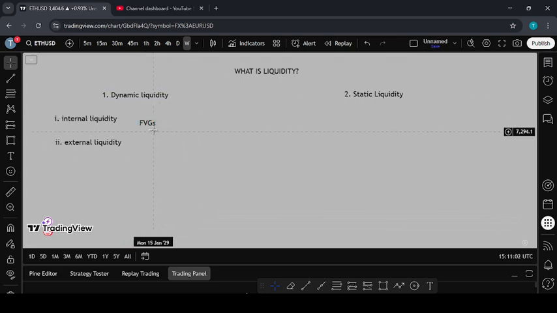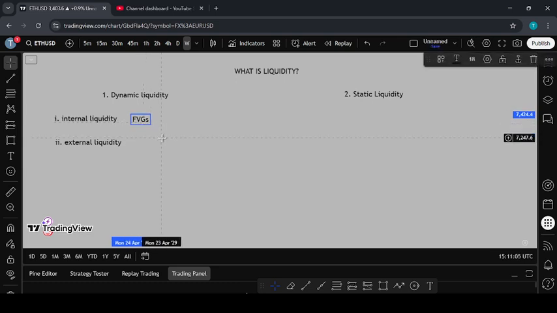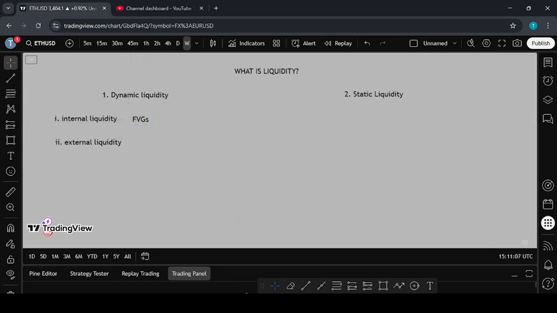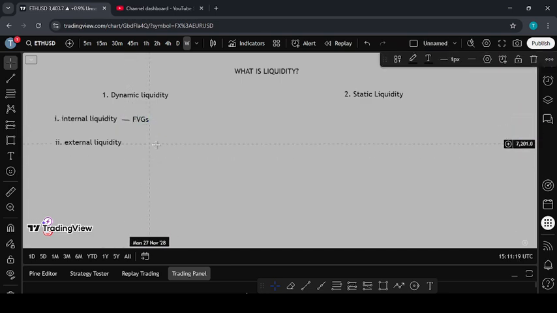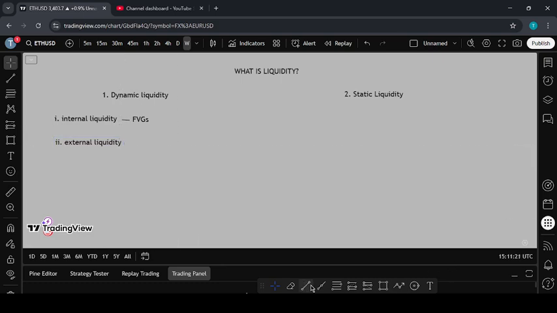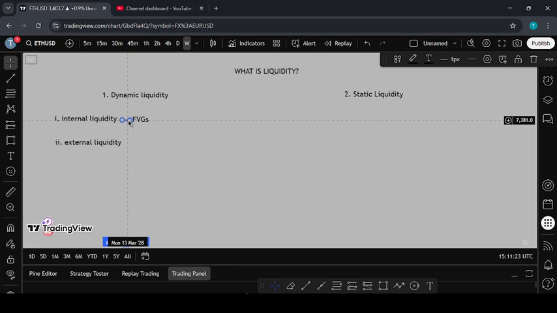We'll be doing another video talking about this extensively. Internal range is characterized by FVGs, while external range is categorized by swing highs and swing lows.